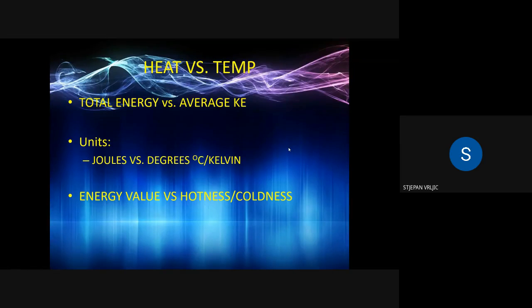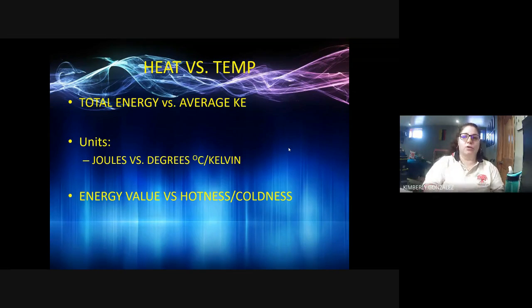All right. So heat is the energy value, where temperature is how hot or cold something is. Okay. So if I was to sum this up, heat is the total amount of energy in joules. So you have an energy value. For temperature, it's the average kinetic energy, which we represent in degrees Celsius or Kelvin, and that determines how hot or cold a substance is.